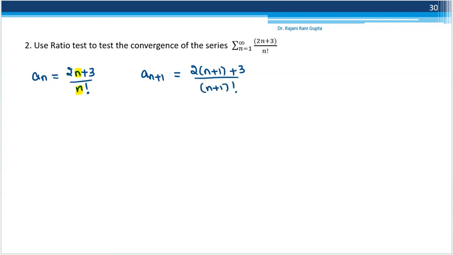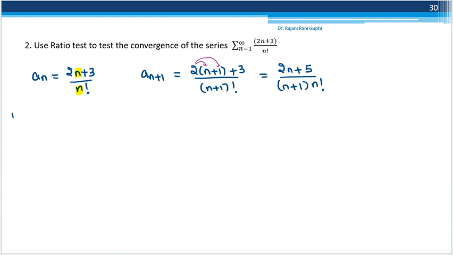Let's simplify this before finding the ratio. So distribute 2 at both the places and write the (n+1) factorial as (n+1) times n factorial. So you have 2n plus 2 plus 3. This gives you (2n+5) over (n+1) times n factorial.